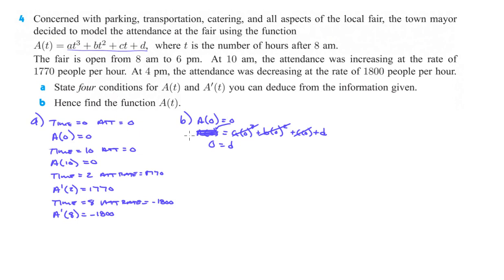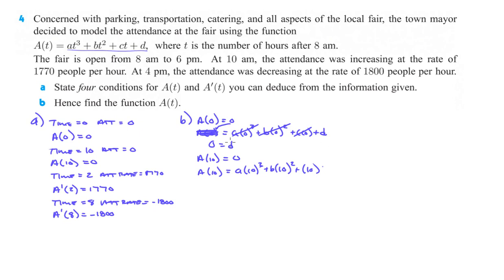Okay, so we also know that A of 10 is also 0. So A of 10, otherwise known as 0, will be A times 10 cubed plus B times 10 squared plus C times 10, and now plus D, but since D is 0, we're just going to get rid of that.